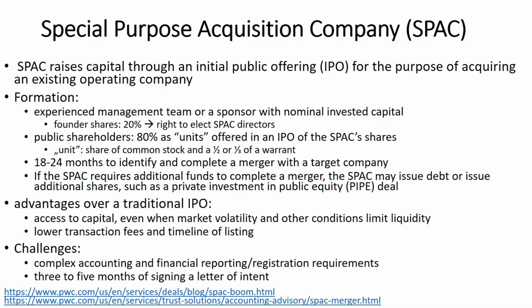And that's why we can see that they have a warrant on it. So sooner or later they have an option to buy further shares if it's necessary, and we can see that half or 1/3 can be used in this case.